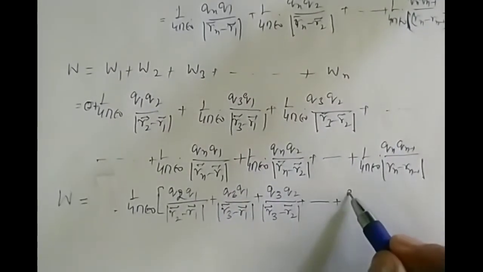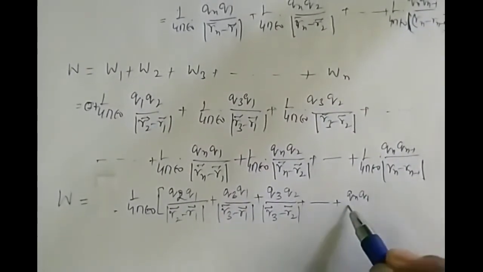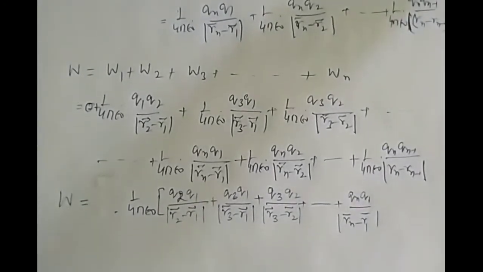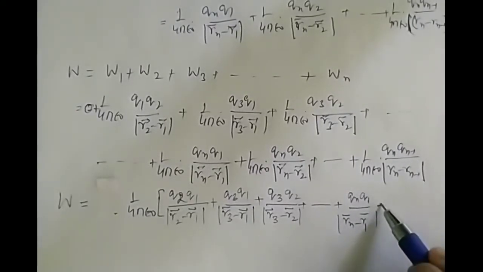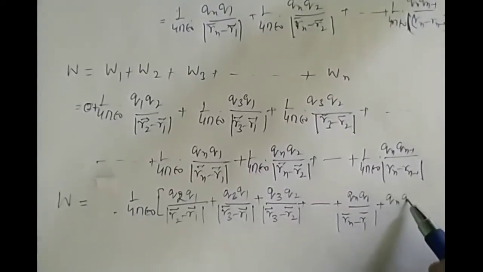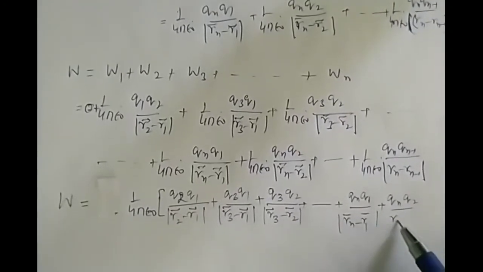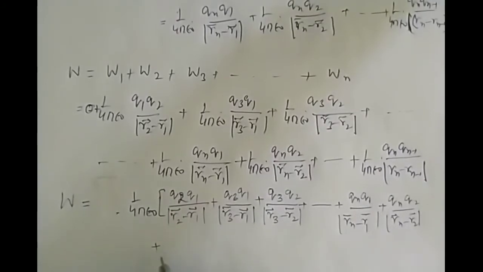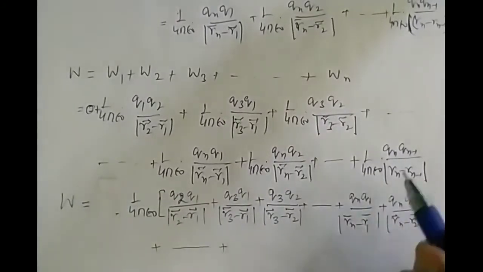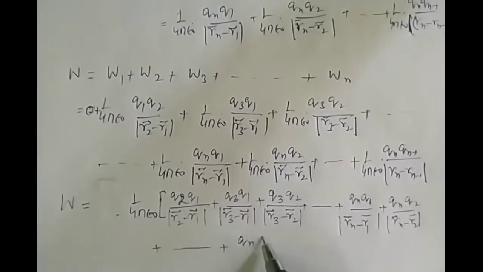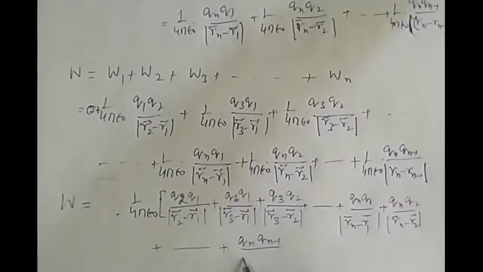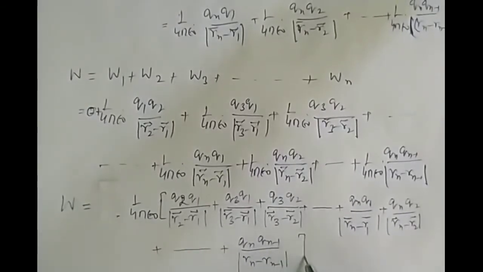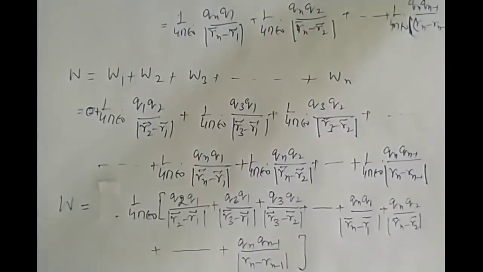This term, that is Qn Q1 upon |Rn minus R1| plus Qn Q2 upon |Rn minus R2| plus so on, up to this term Qn Qn minus 1 upon |Rn minus Rn minus 1|. So this is a very lengthy expression.